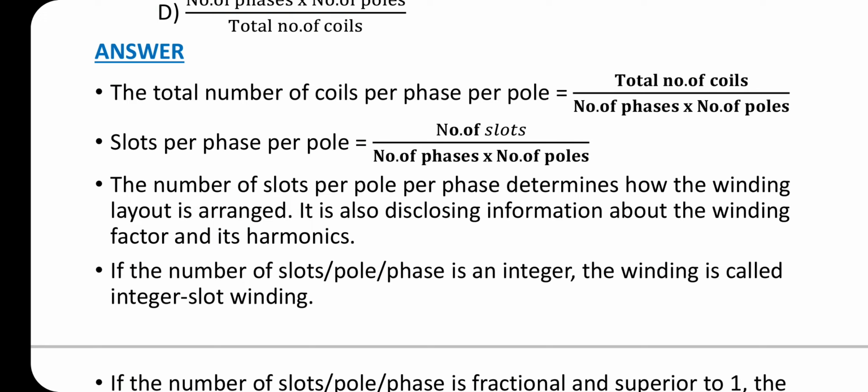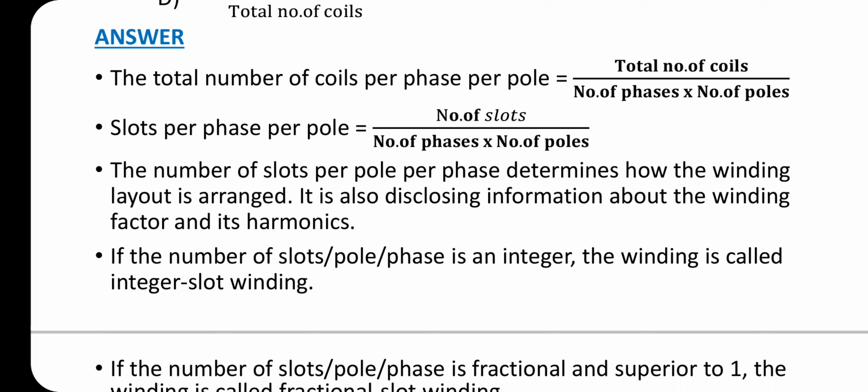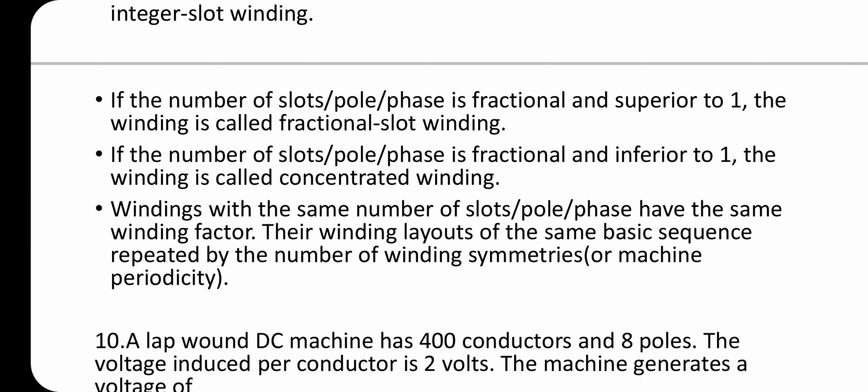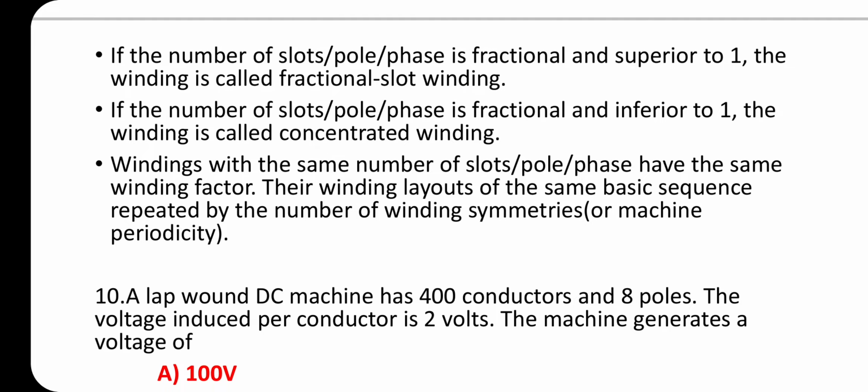The number of slots per pole per phase determines how the winding layout is arranged. It also discloses information about the winding factor and its harmonics. If the number of slots per pole per phase is an integer, the winding is called integer slot winding. If it is fractional and superior to 1, the winding is called fractional slot winding.